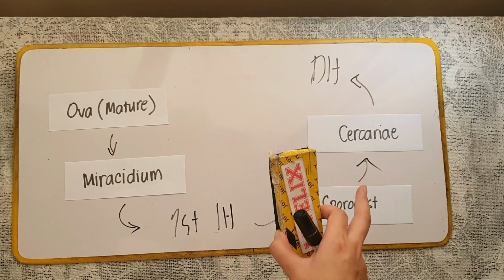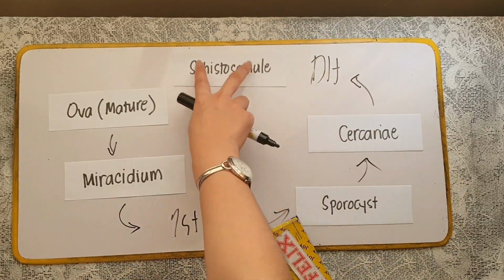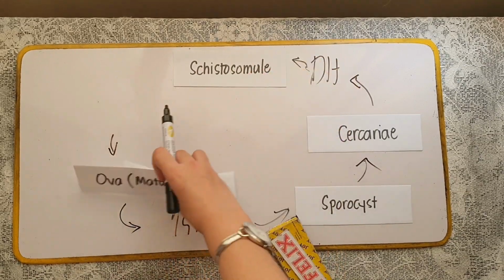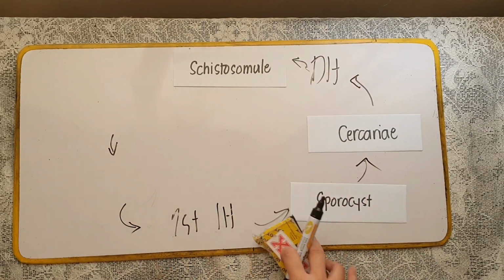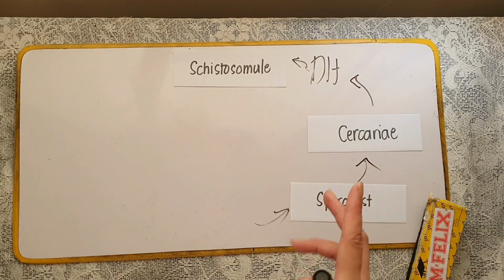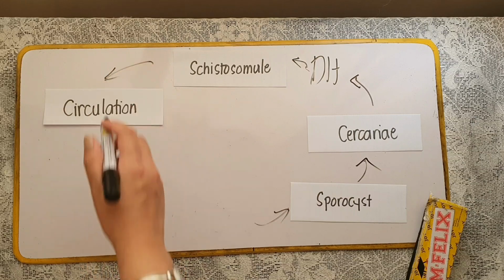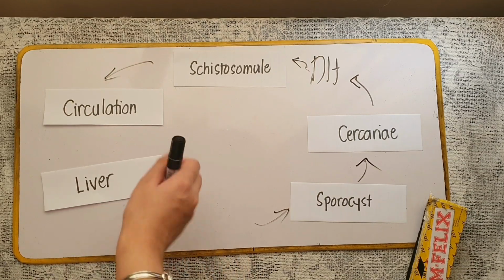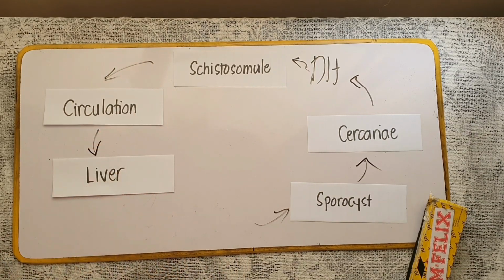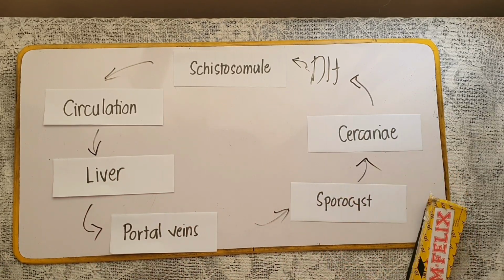During this process, your cercaria will cast off its tail and become a schistosomule. Only the head remains. Once inside the host, this schistosomule will enter the circulation, and then it will migrate into the liver, and finally into the intrahepatic portal veins of the liver.